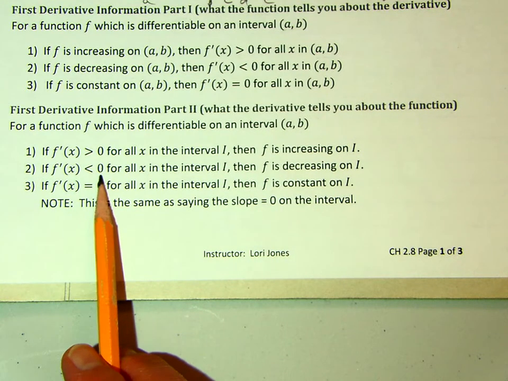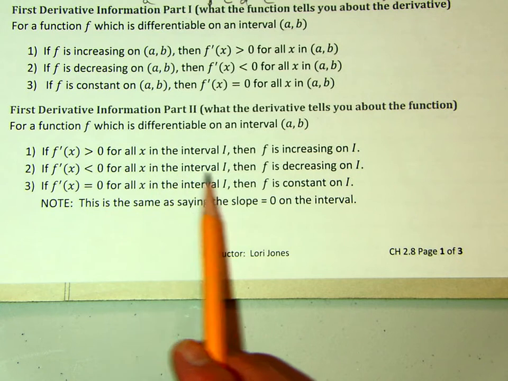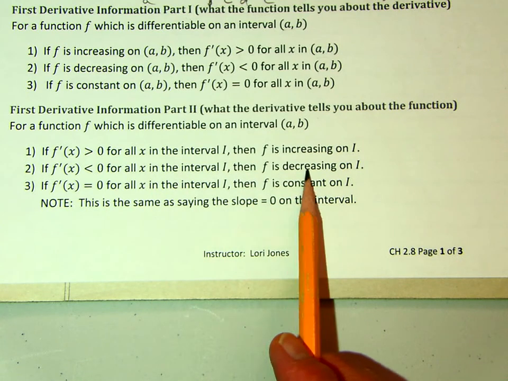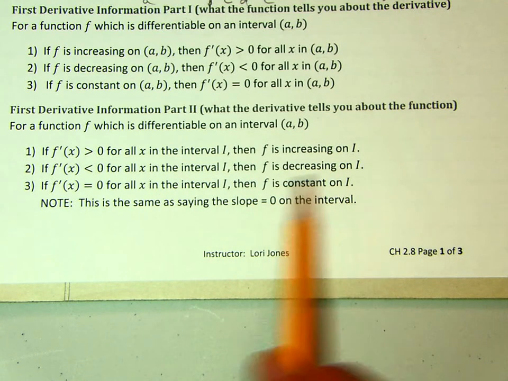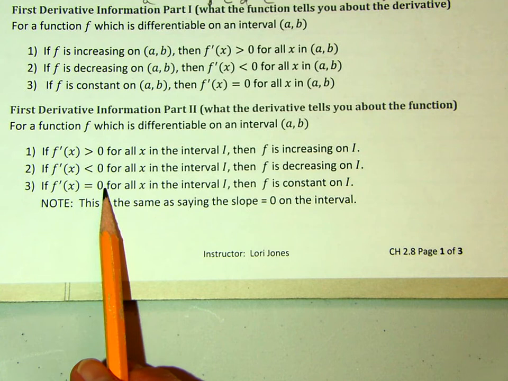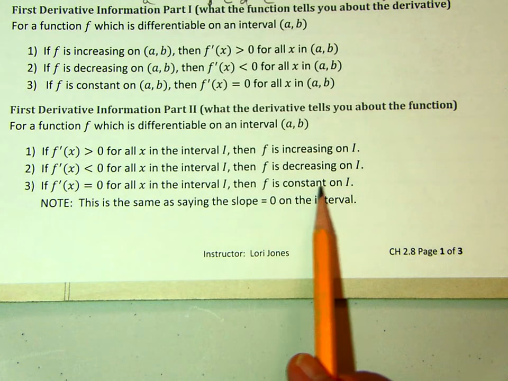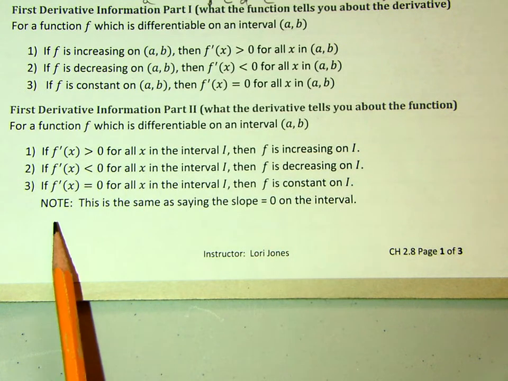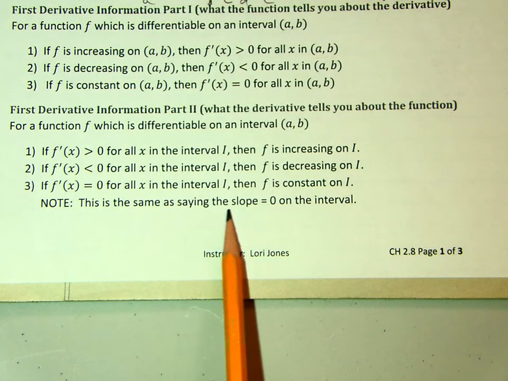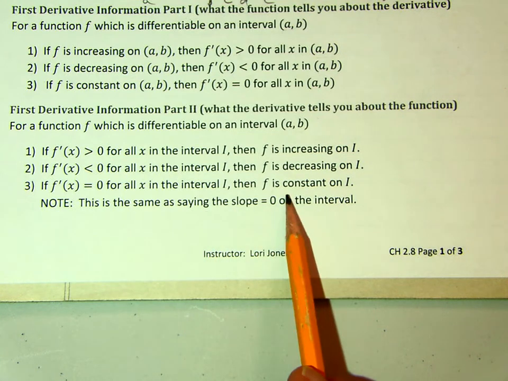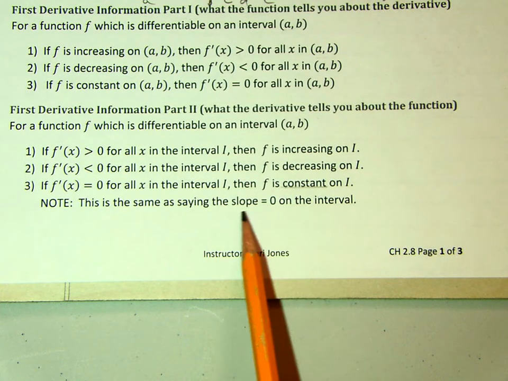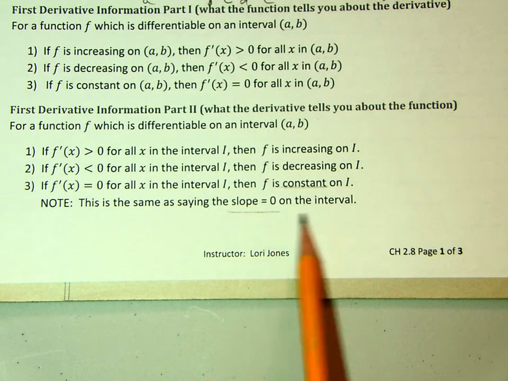If the derivative is negative for all x in the interval, then the function is decreasing on the interval. If the derivative is 0 for all x in the interval, then the function is constant on that interval. This is the same thing as saying the slope equals 0. If we say the function is constant, that means the slope is 0 on the interval.